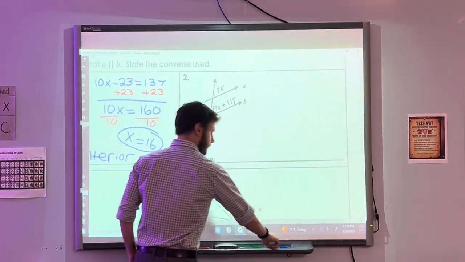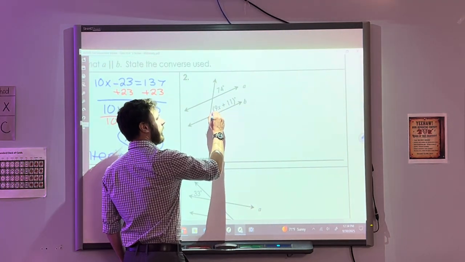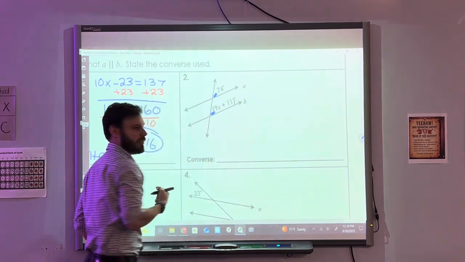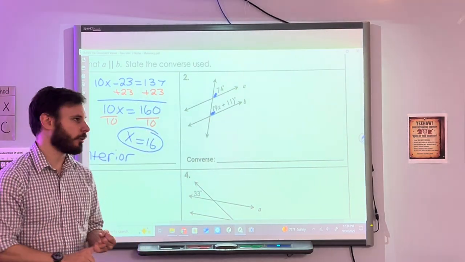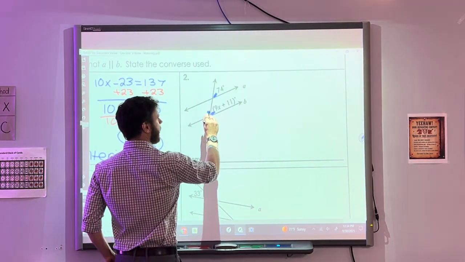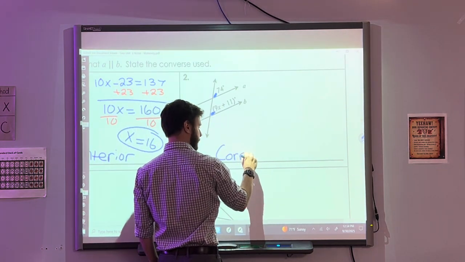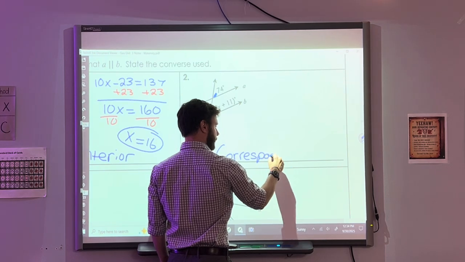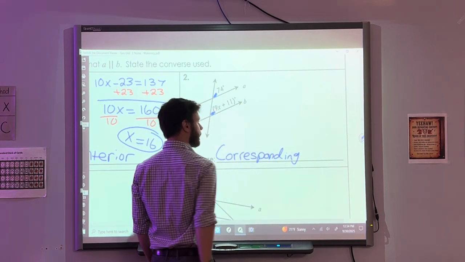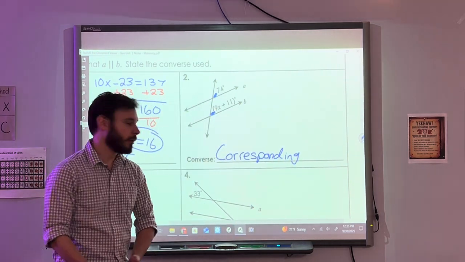Number 2, this angle and that angle. One is on the inside, one's on the outside. The only hope is that they're corresponding. It looks to me like they're in the top right. Okay. And corresponding angles should also be congruent.